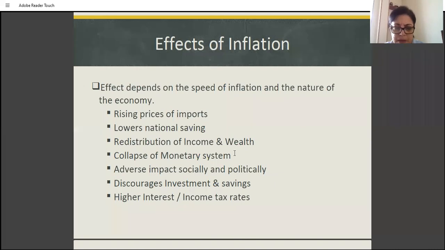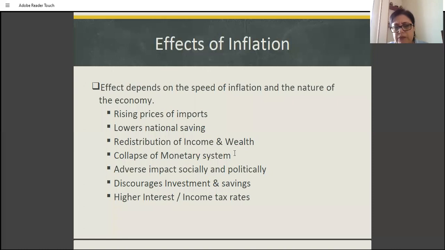Well, so there are a lot of different effects of inflation, and the effect depends also on the speed of inflation, and of course on specifics and nature of the national economy. So you see several possible effects. The first one is rising prices of inputs.